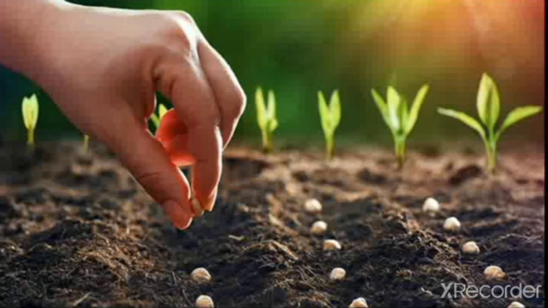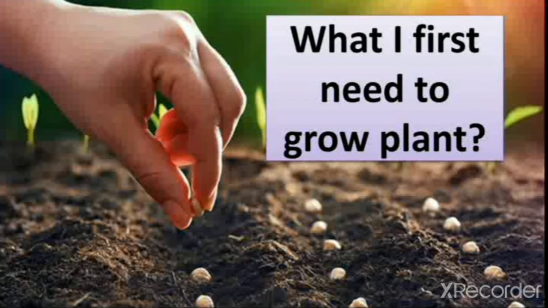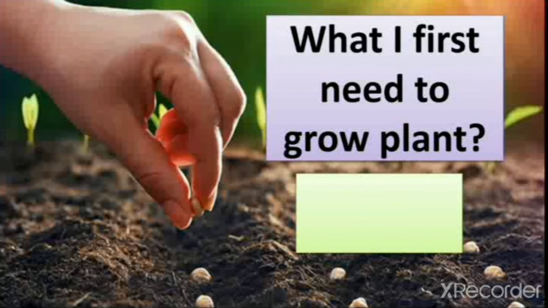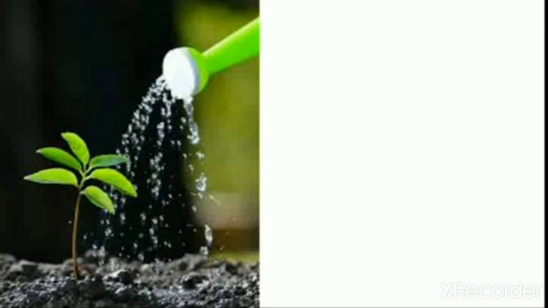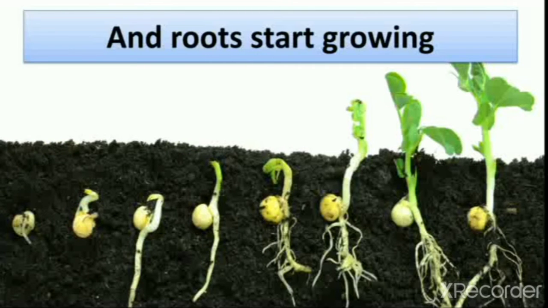Another thing we learned, what we need to grow plant, it's seed. So we need seed to grow plant. We planted a small plant. We water it, and when you water the plant, it starts growing and roots start growing.